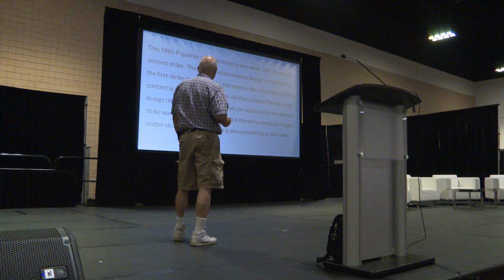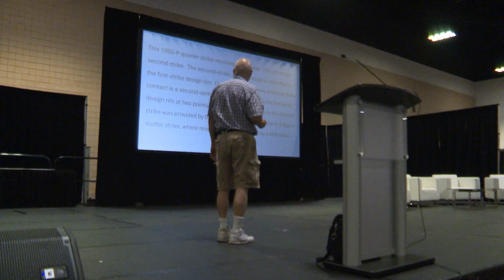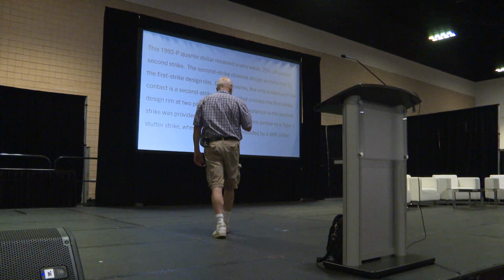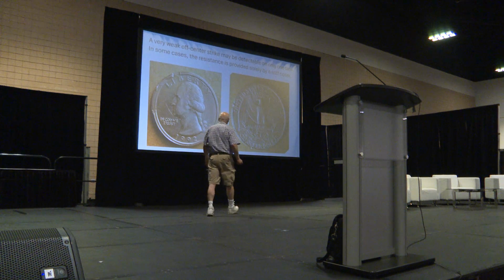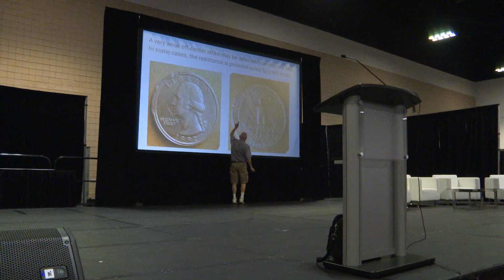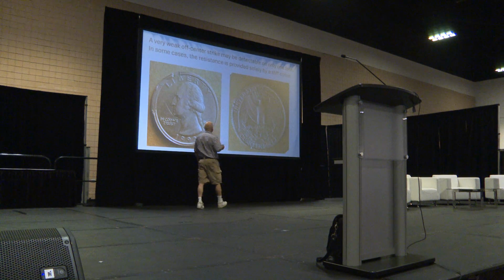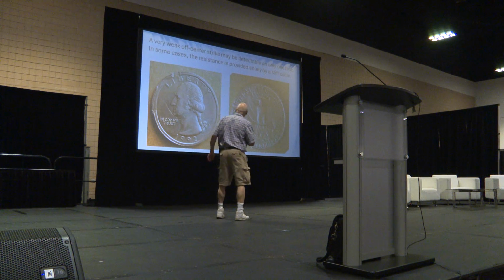On the reverse, the only evidence of die contact is a second strike design rim that crosses the first strike design rim at 2 points. Right here, right here. I'd use a laser pointer, but it's not working today.